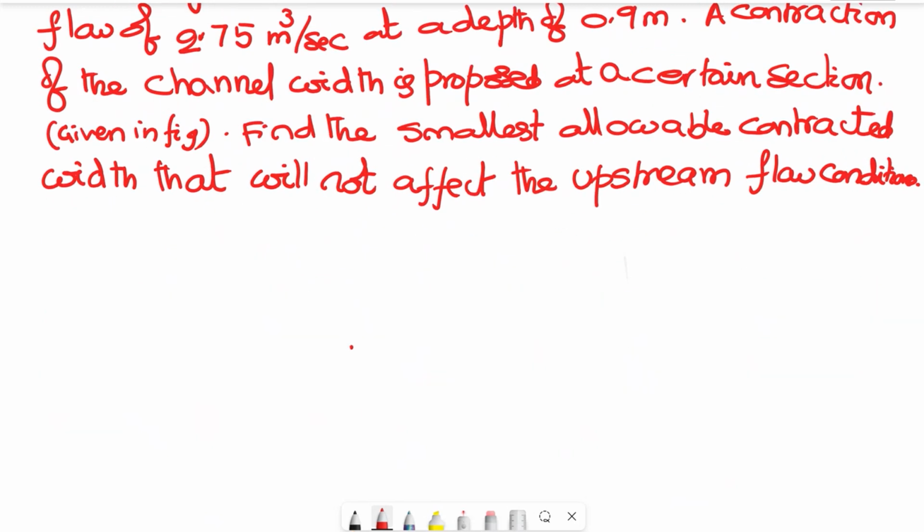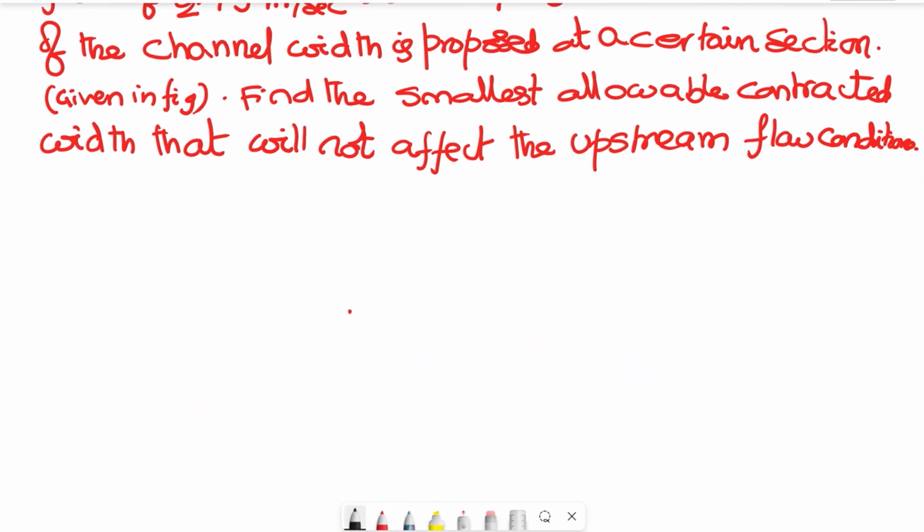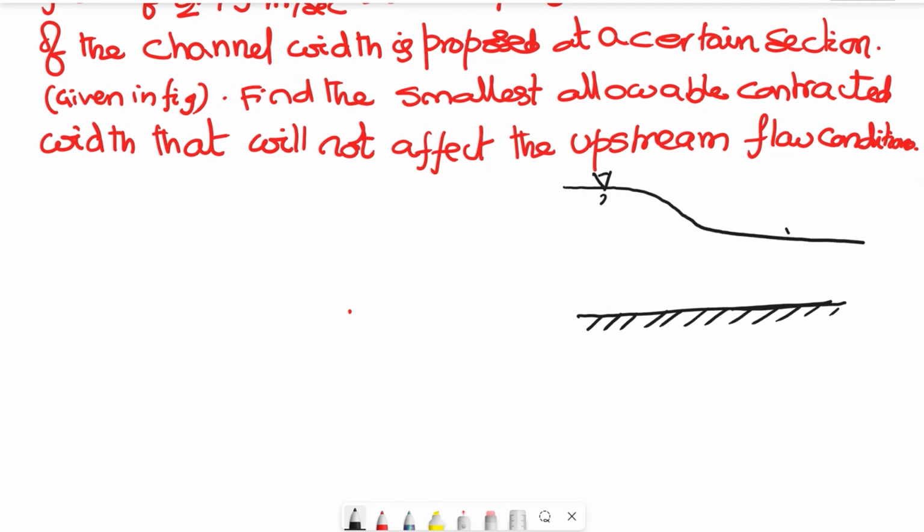So this is again the second type of problem. I will take it. So first thing is how the section will be. I will show you. If this is the channel bottom, this is how the water surface is. And the energy line is always straight like this. This is energy line. This is water surface. This is channel bottom.